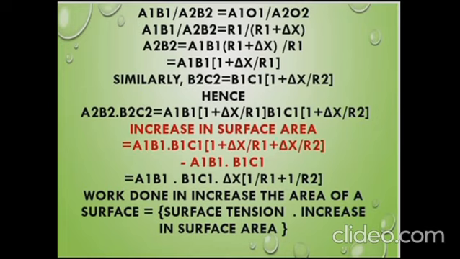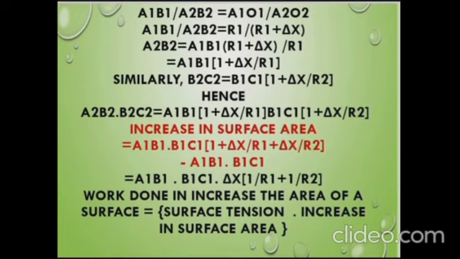Similarly, B2C2 equals B1C1 into 1 plus del x divided by R2. Hence, the increase in surface area is A2B2 into B2C2 minus A1B1 into B1C1, which equals A1B1 into 1 plus del x divided by R1, into B1C1 into 1 plus del x divided by R2, minus A1B1 into B1C1.